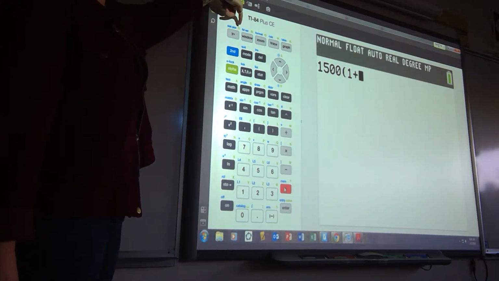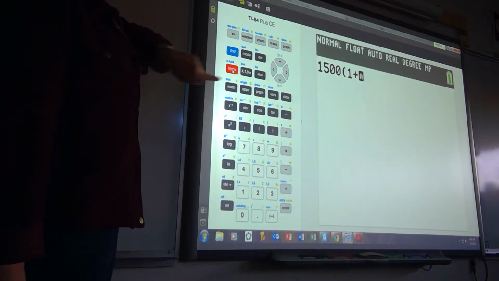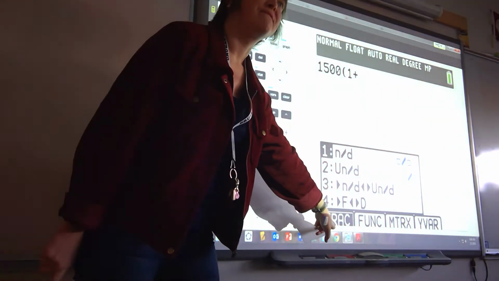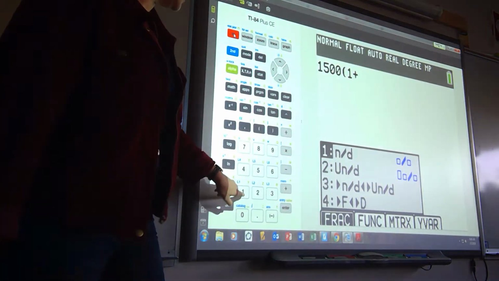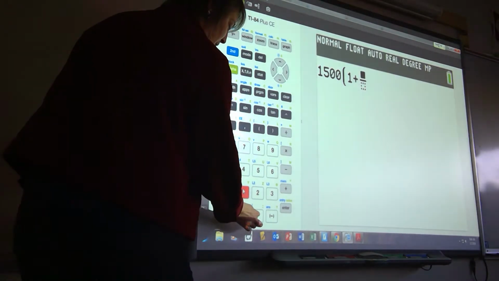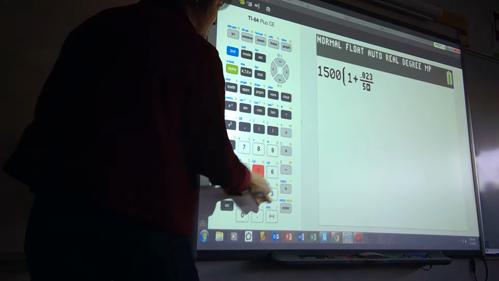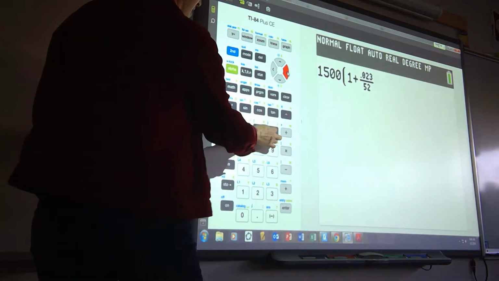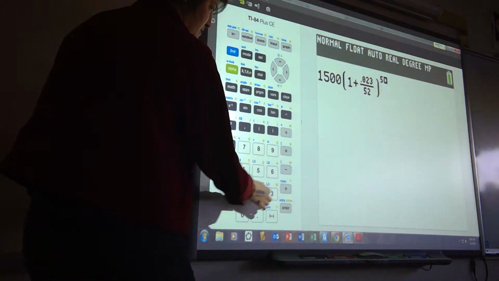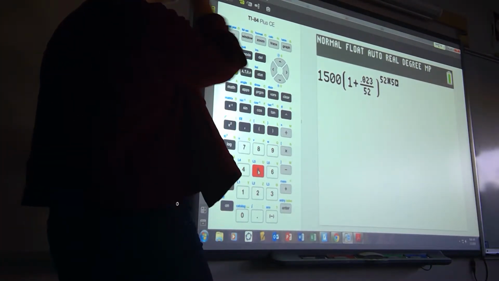It's right here on the y equals button, but the F1 is green, so I've got to hit alpha, y equals, and that's where I get all my fractions. So I can choose option 1 there, and I get a nice fraction that I can put in. So that was 0.023 divided by 52. Then you can end your parenthesis, put in the exponent, 52 times, was it 5? Yeah, 5 years.